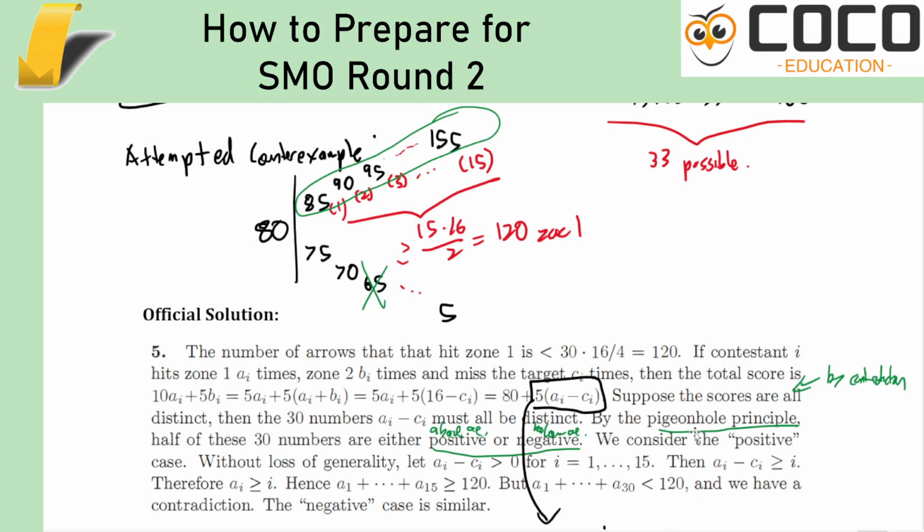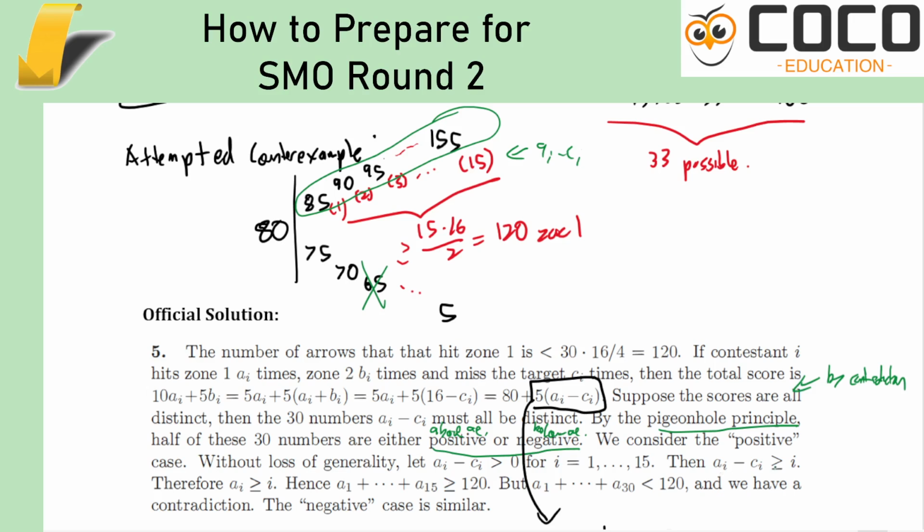And so in the positive case, which is if there are 15 of them above average, then the AI minus CI is this. What I've written there is how many arrows in a good arrow sense, or for the bottom half, a bad arrow sense, do you need to escape the average? And this is what we are told.